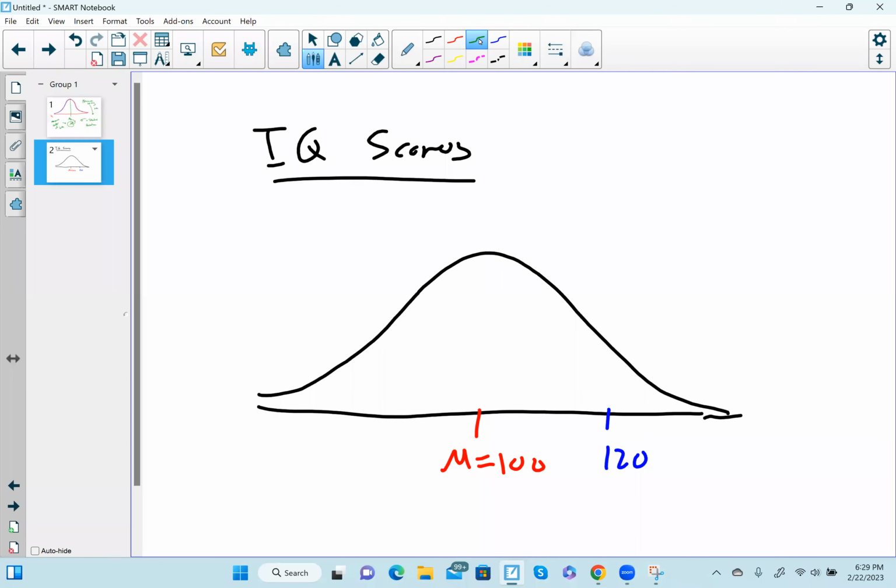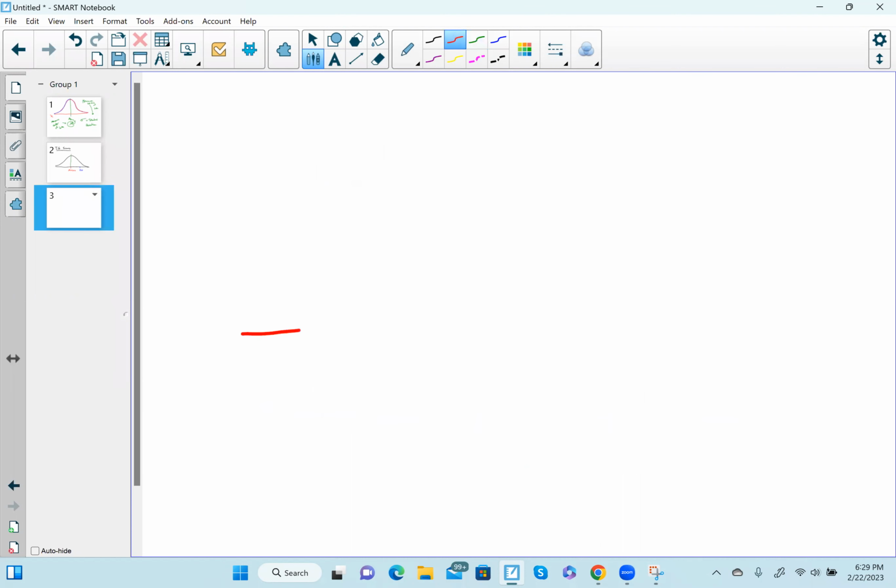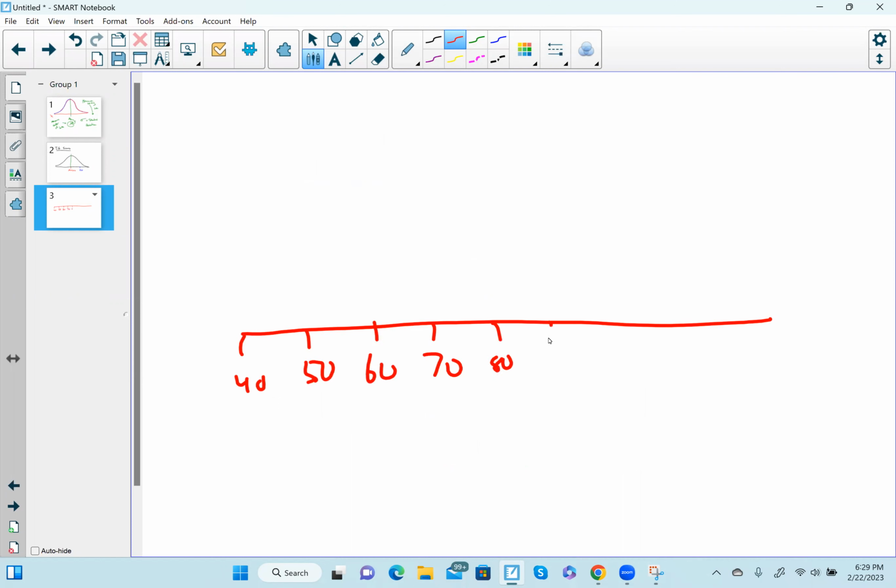But anyway, it turns out that if you measure a whole bunch of human beings with IQ scores, then they end up following, you graph all those scores, they end up following a distribution like this. So for example, let's say you made an x-axis here, and we said, all right, I'm going to put all the people whose IQ is from 40 to 50, and then from 50 to 60, 60 to 70, 80, 90, 100.